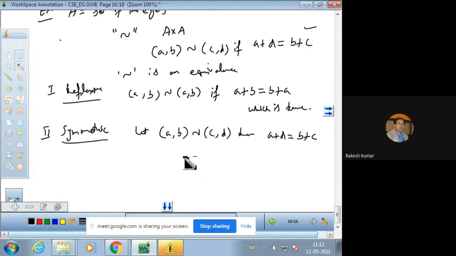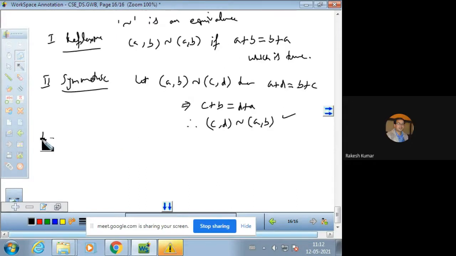And from this, b plus c can be written as c plus b, and a plus d can be written as d plus a. And what does it give? It gives that (c, d) is equivalent to (a, b). So this is the symmetric property.